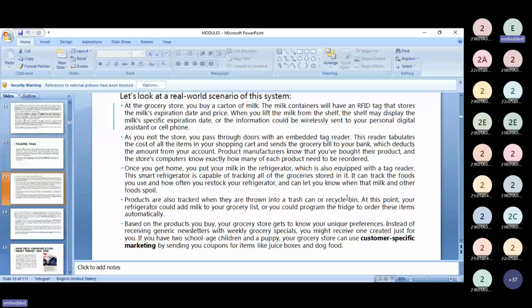Let's look at a real world scenario for this system. What would be the real world scenarios of RFID tags, can anyone say in a simple manner?